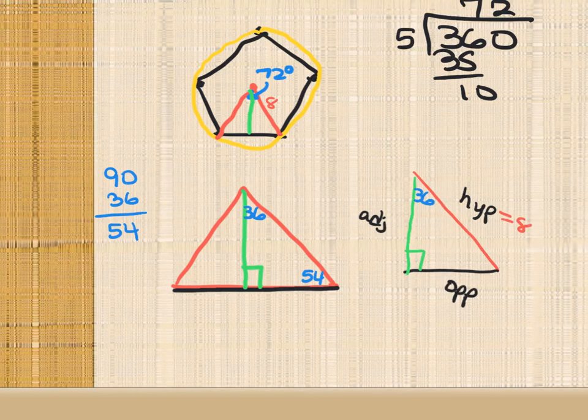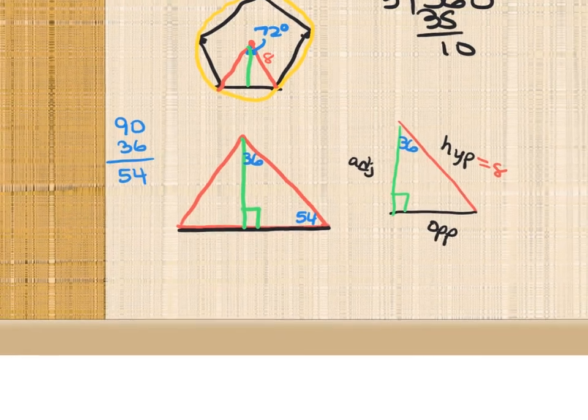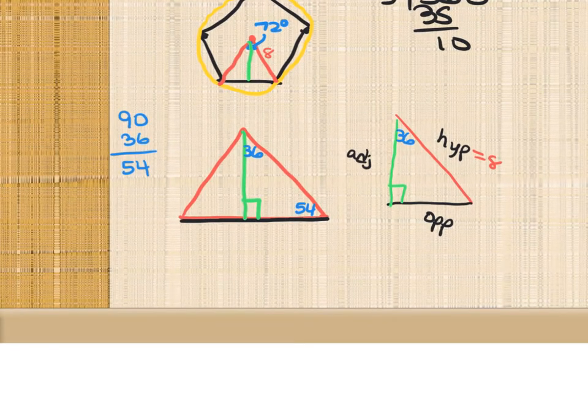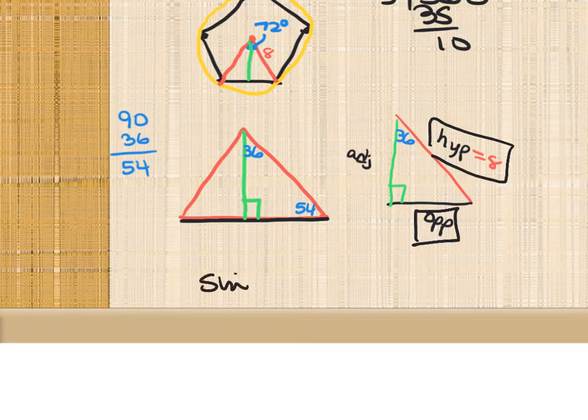So now I'm going to set up my trig to figure out what opposite and adjacent are. So if I want to find opposite, using opposite and hypotenuse, this is going to be sine. So sine of 36 degrees is equal to opposite, and I'll call that x, over hypotenuse.